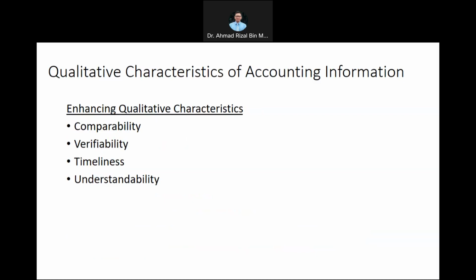You have to make the information understandable. So in short, those are some of the conceptual framework principles for financial reporting.